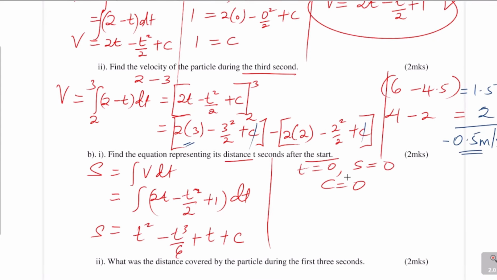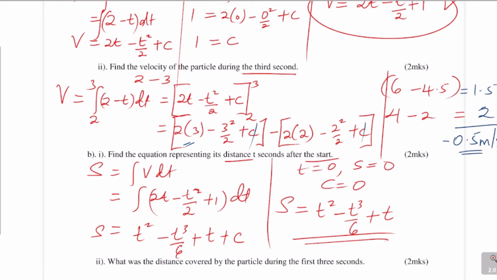Therefore, the equation representing distance will be t squared minus t cubed divided by 6 plus t plus 0. So you can just leave it the way it is.